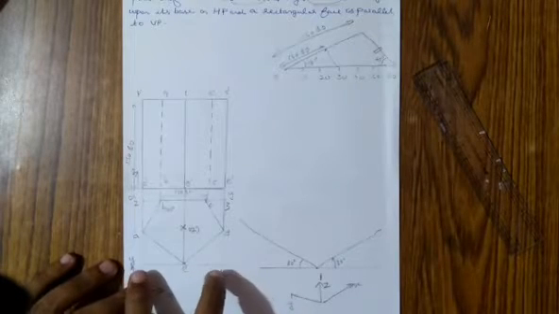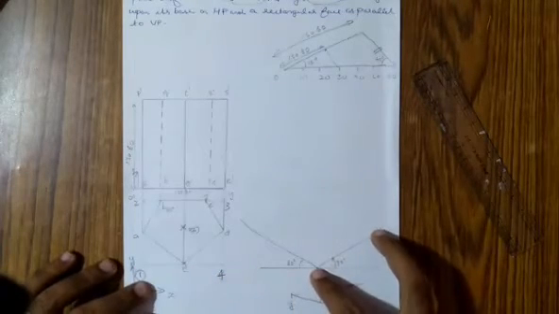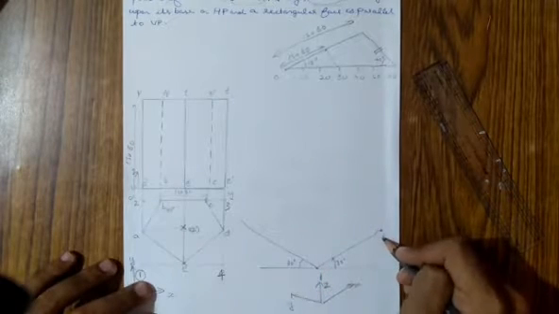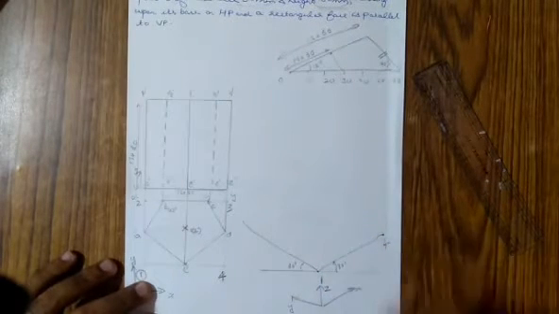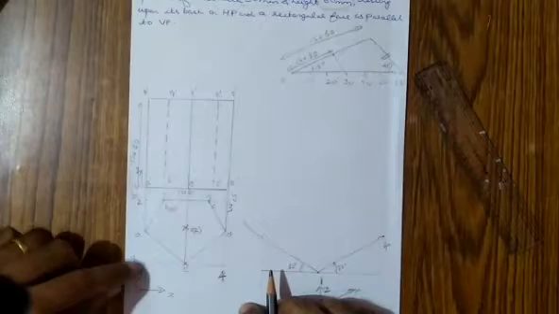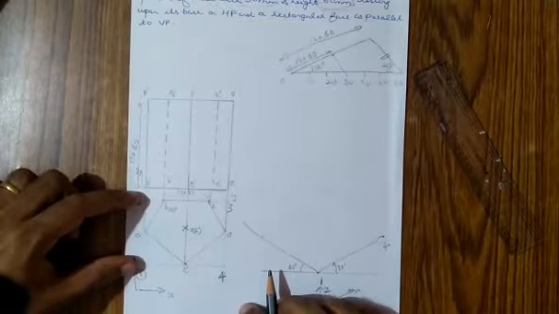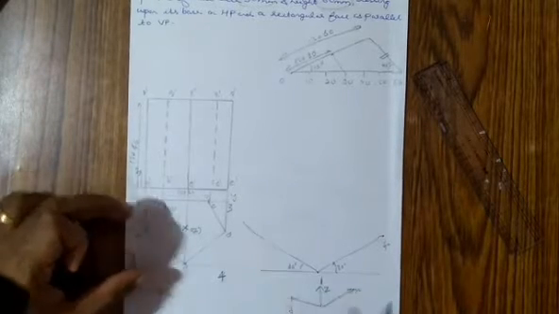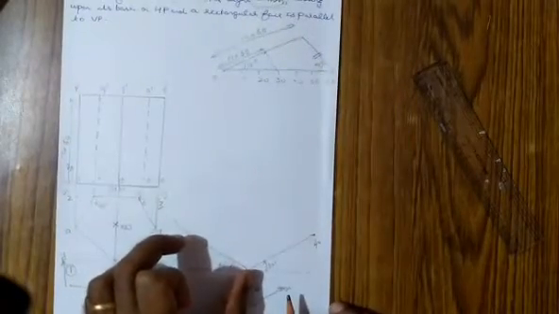So you take this distance 1 to 4 and you mark it here. So this is your point 4. So this is taken in the X direction. Next, from 1 to 2, the travel is in the Y direction. You take the distance between 1 and 2, keep the compass at 1, and you get the point 2.